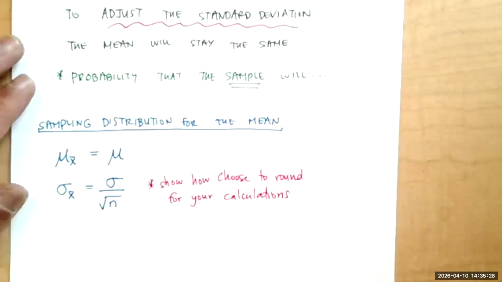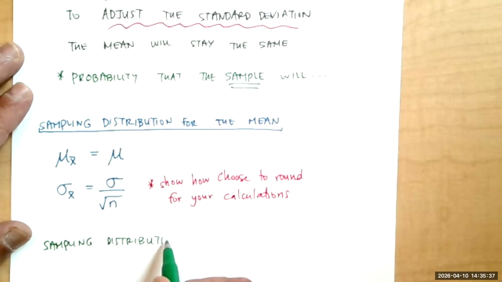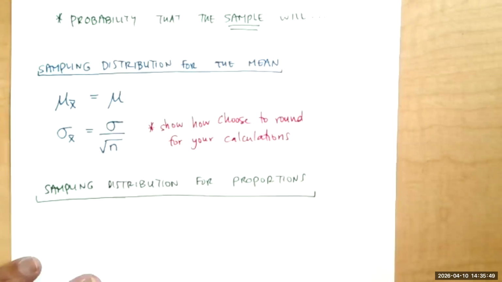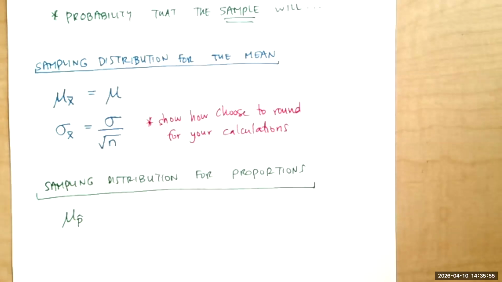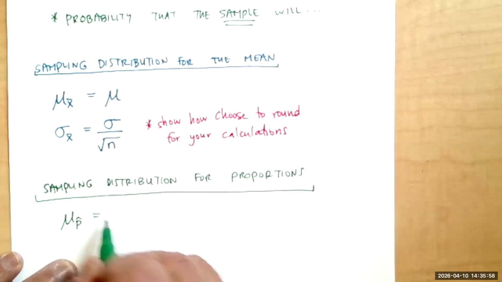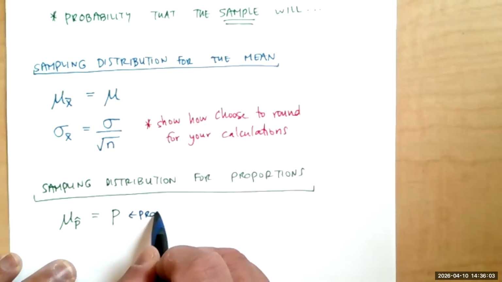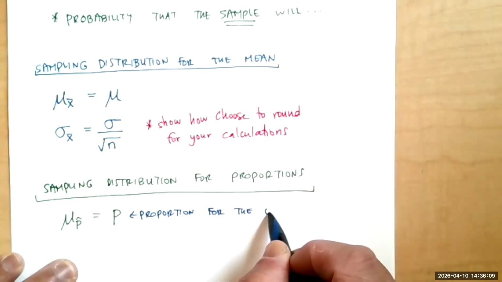Now, on the other side, when we look at the sampling distribution, the distribution of our sample proportions, what we're going to deal with in this case is that our mu, our mean, for those p hats, for those sample proportions, is going to be equal to this value p, which is our proportion for the original population.